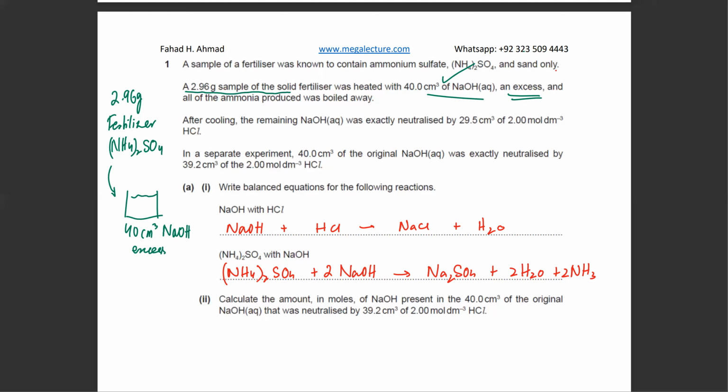And then what he did was that after cooling, the remaining NaOH was neutralized by this much HCl. So he takes the leftover NaOH, same beaker. Now it has the leftover NaOH.